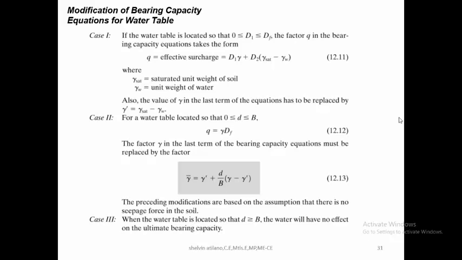So the value of q is D1 gamma plus D2 times gamma sat minus gamma water, and gamma prime will be used, which is gamma sat minus gamma water.